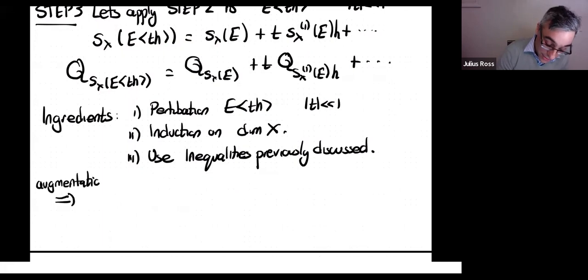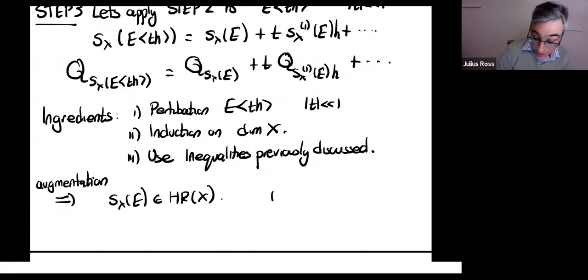But it is just linear algebra. This gives you that S lambda of E is actually Hodge-Riemann, not just weakly Hodge-Riemann. And so this machine, I think, can be used to go from something being just weakly Hodge-Riemann to strongly.